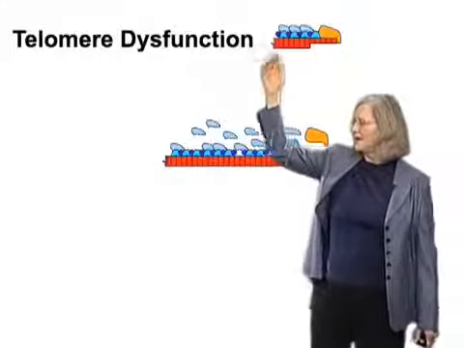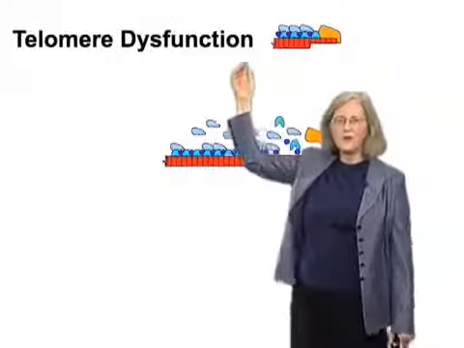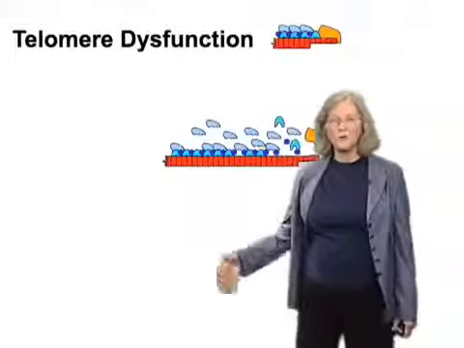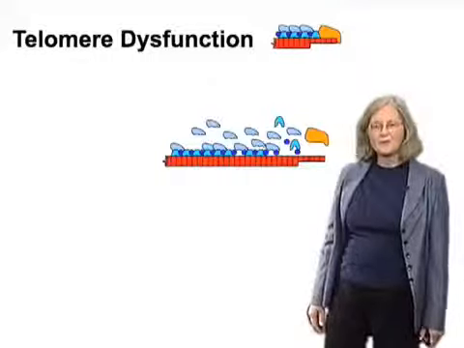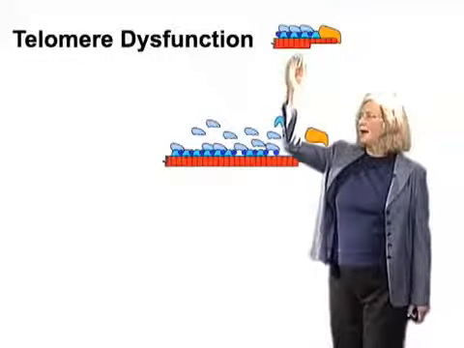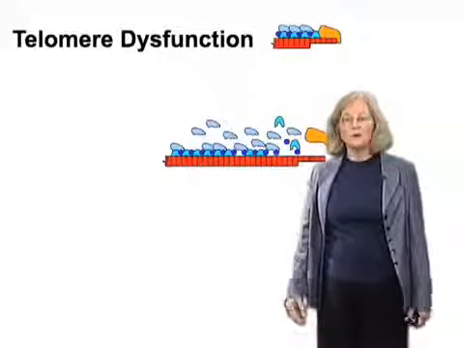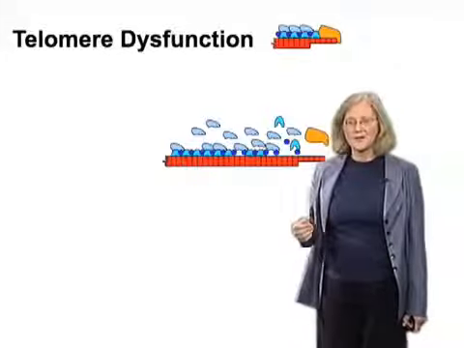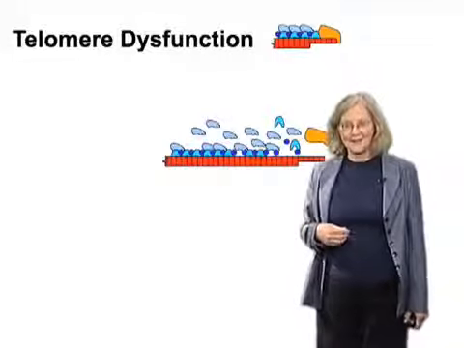It's just not enough of the length of the repeats to form a nice long array that can form this higher order structure that's necessary. This kind of dysfunction caused by the shortening of a telomere, that can happen naturally, and it does, and we'll get back to that in a moment because this is going to be an important part of these lectures, and in fact it'll be really the focus of the third lecture in this series.